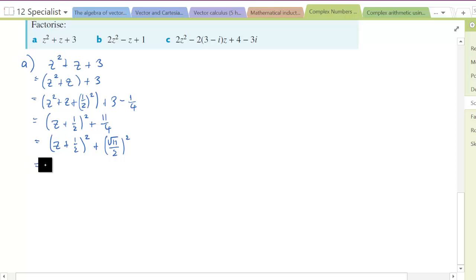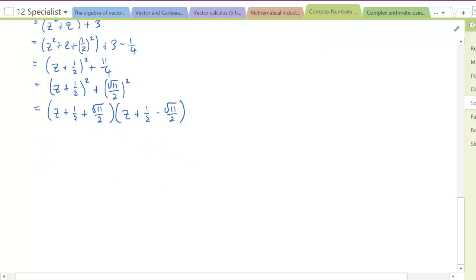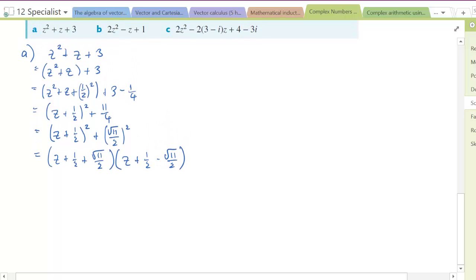And that means now when we factorize, we've got our z + 1/2 plus root 11 on 2, and we've got z + 1/2 and then subtract square root of 11 on 2. And there we have it. There's our factorized form.